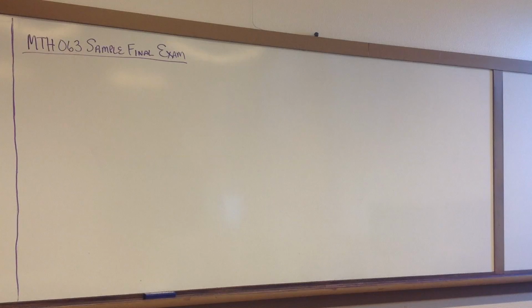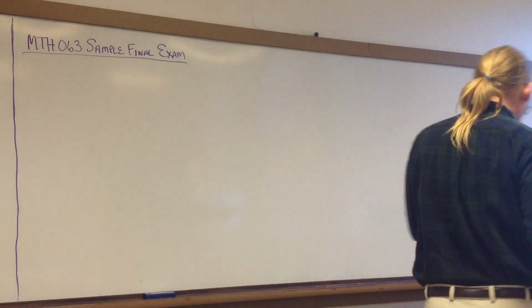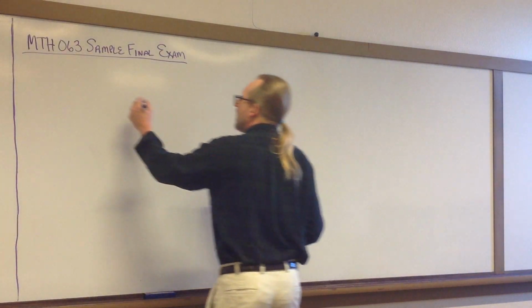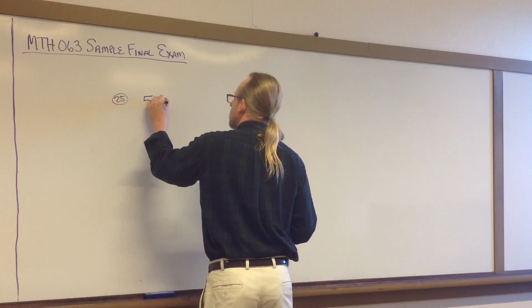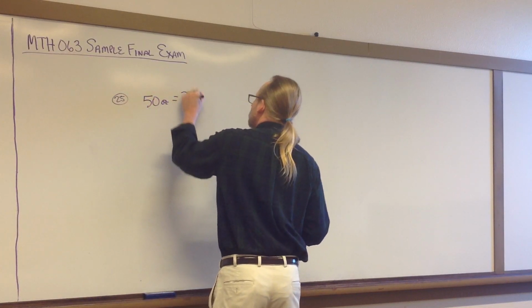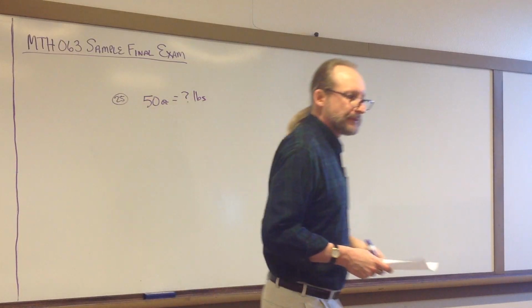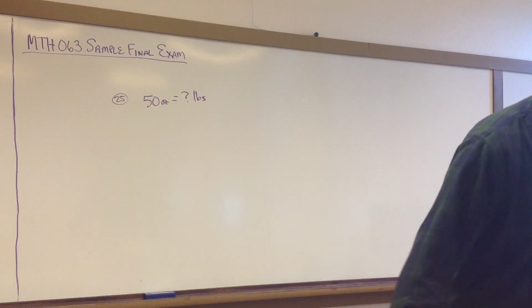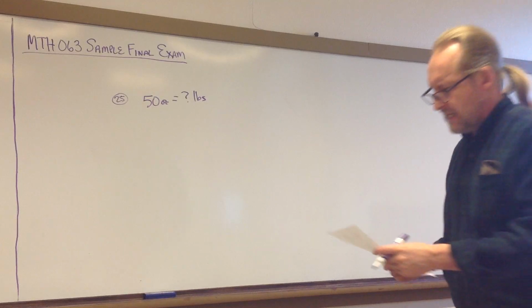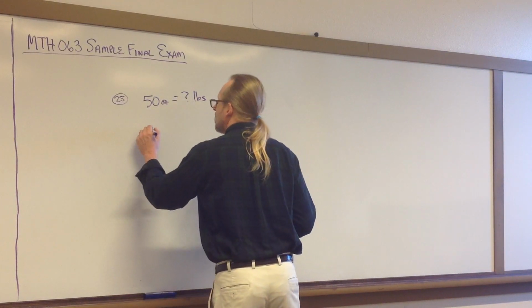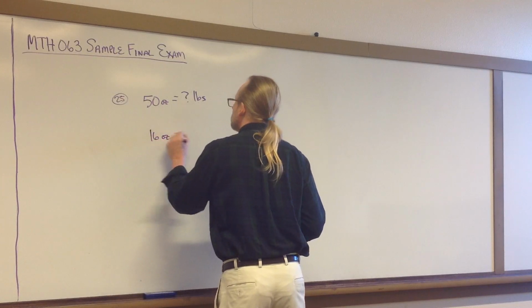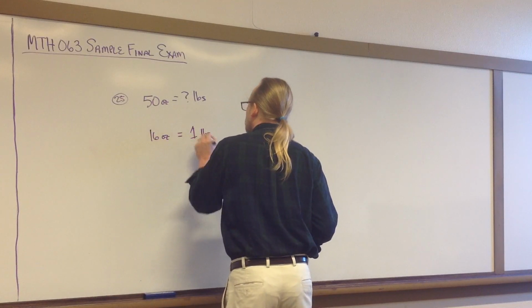All right, so problem 25, 50 ounces, how many pounds? Okay, well, our conversion sheet says we know that 16 ounces makes 1 pound.